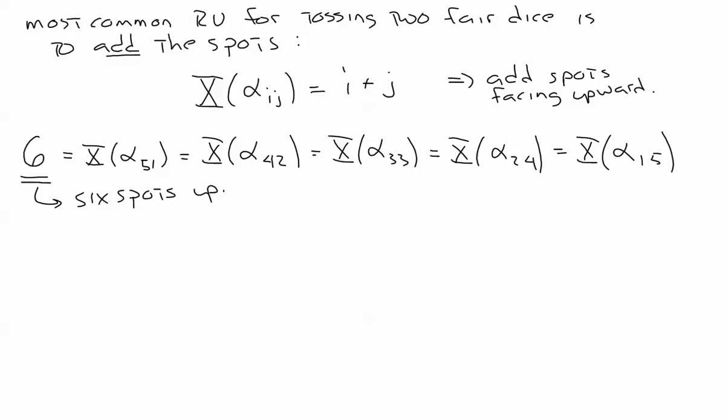All right? In this particular case, there are 1, 2, 3, 4, 5 possible outcomes out of the 36 that yield 6 spots up.